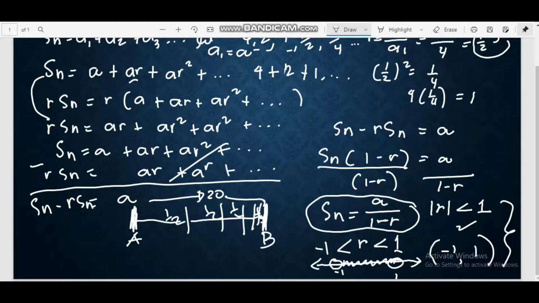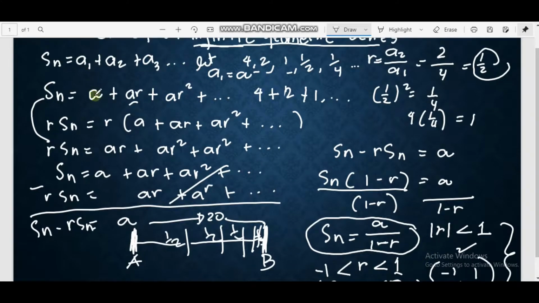In case r is 1, imagine that 1 is the common ratio. Then you have a plus a times 1, plus a times r squared, where 1 times 1 is 1.